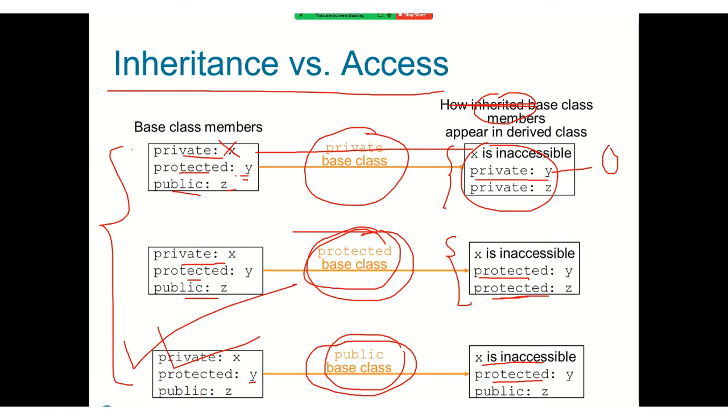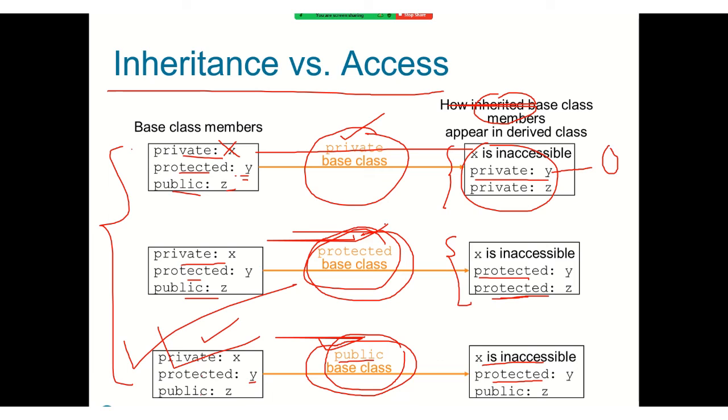When you derive from a base class using private access, then the private, protected, and public members all become private in the derived class. If you do it protected, it's intermediate. But if you do it public, then it is exactly reflected as it is defined in the base class. FYI, this way is the most common way. But as I said, there can be some other use cases where they want to use private or protected.